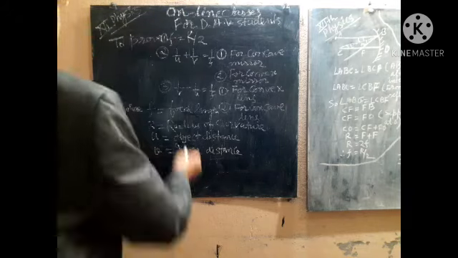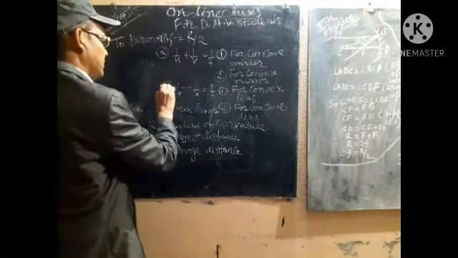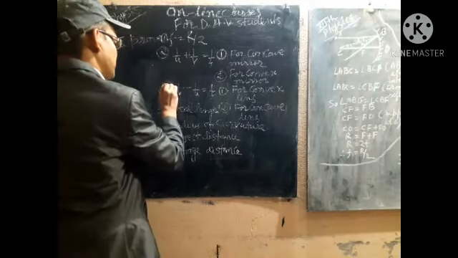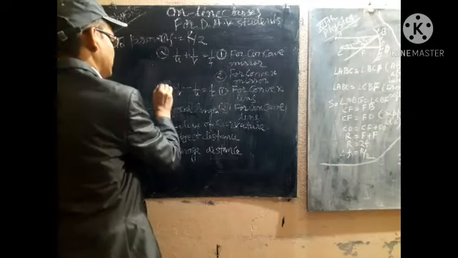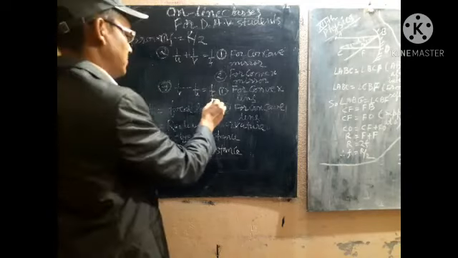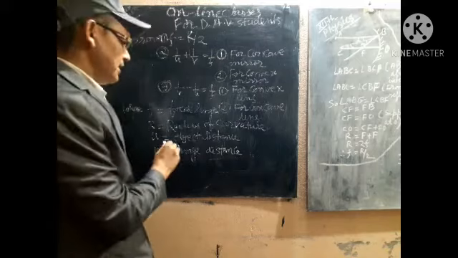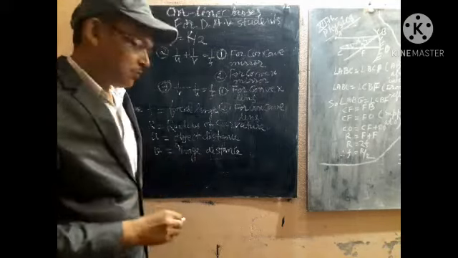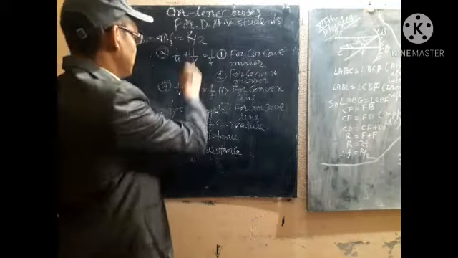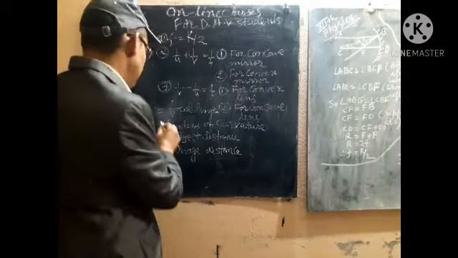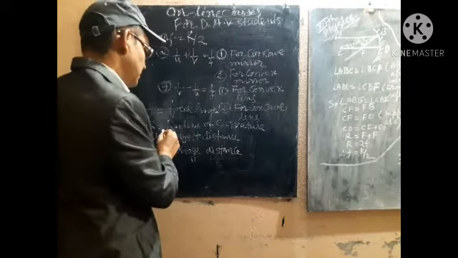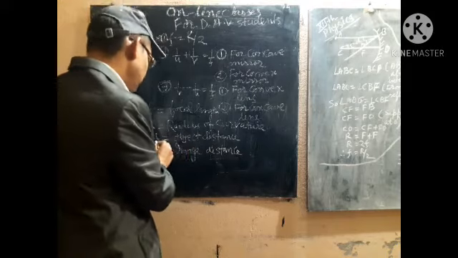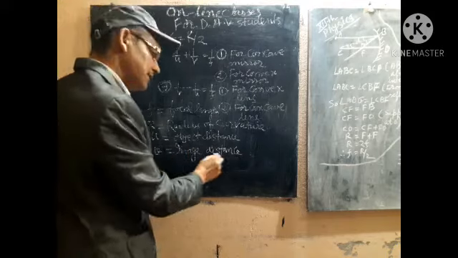Here f is equal to r by 2, this is the first. And 1 by v minus 1 by u is equal to 1 by f. While I prove all these formulas, you should keep in mind f is focal length, r is radius of curvature, u is object distance and v is image distance.